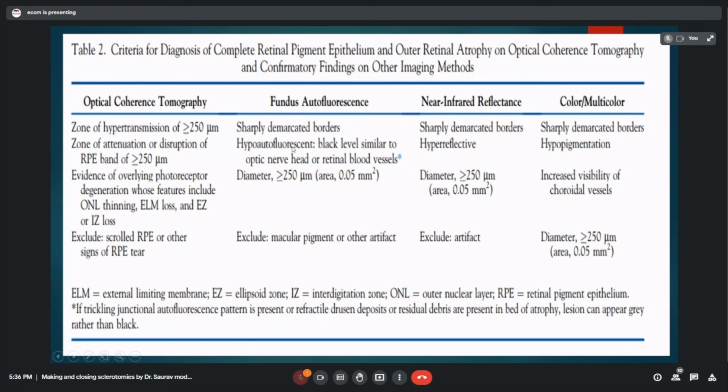On fundus autofluorescence: sharply demarcated borders, hypoautofluorescence, and diameter more than 250 micrometers. On near infrared reflectance: hyper-reflective, sharply demarcated borders. And on multicolor images: sharply demarcated borders, hypopigmentation with increased visibility of choroidal vessels. This was the criteria for diagnosis of complete RPE and outer retinal atrophy.